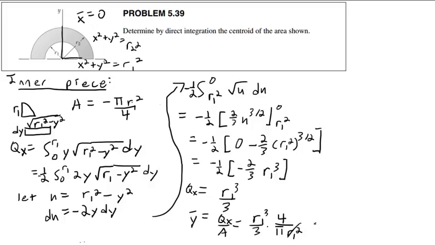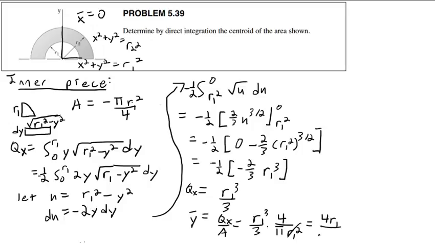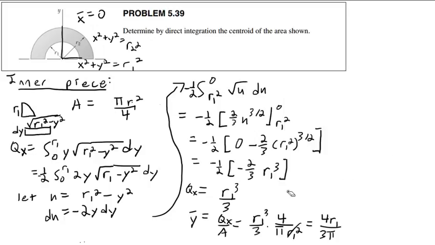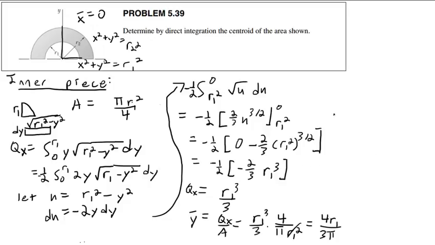And this comes to 4 R1 over 3 pi. The inner piece is negative, I'm going to ignore that. We're only going to use that negative when we compute the combined centroid.